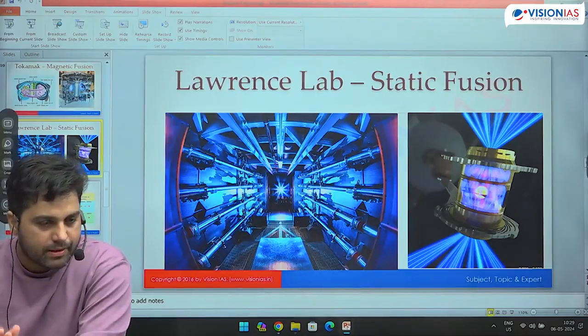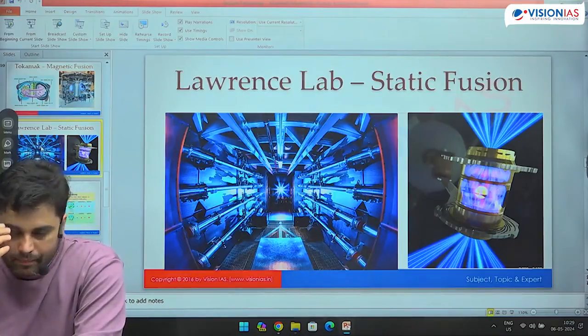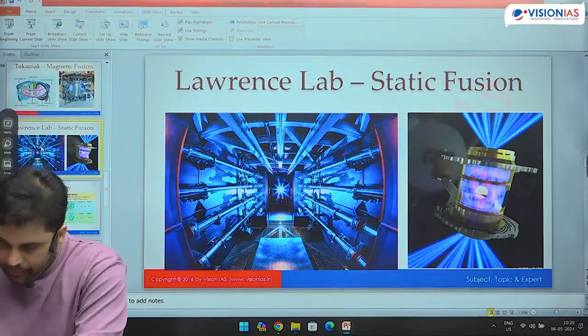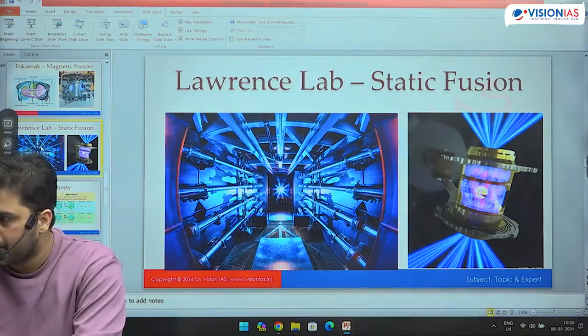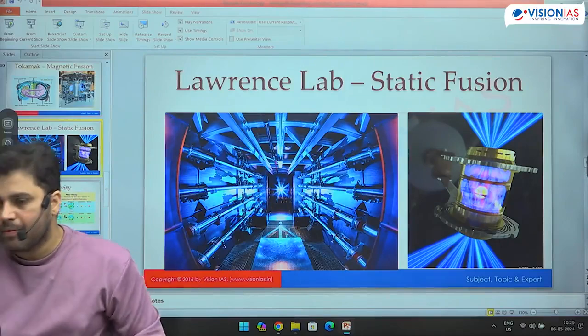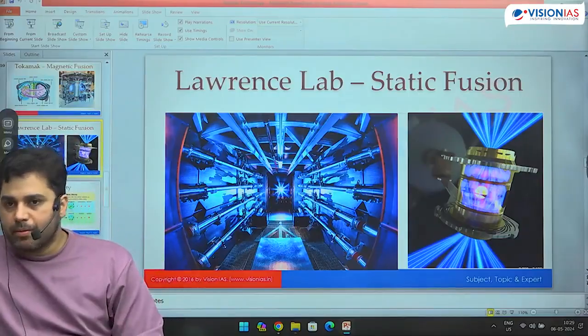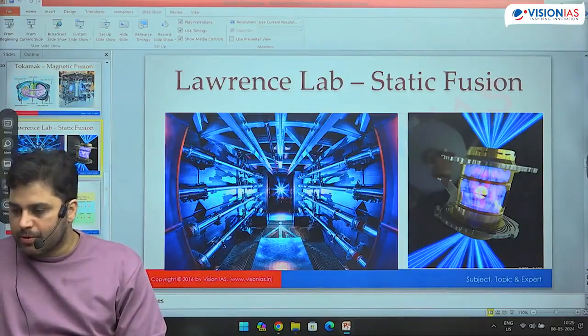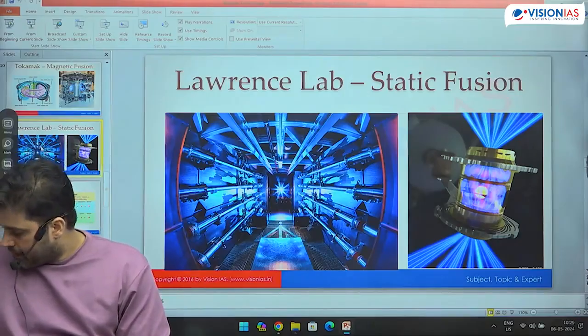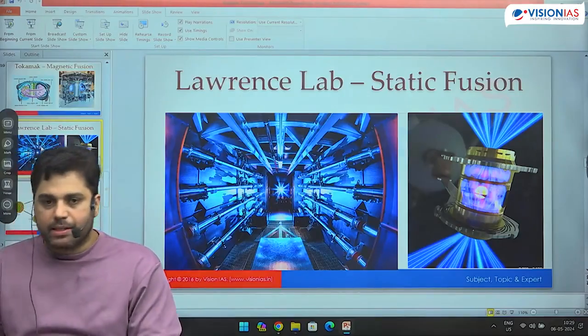Write down in bullet points. For the same amount of fuel, fusion produces much more energy than fission.